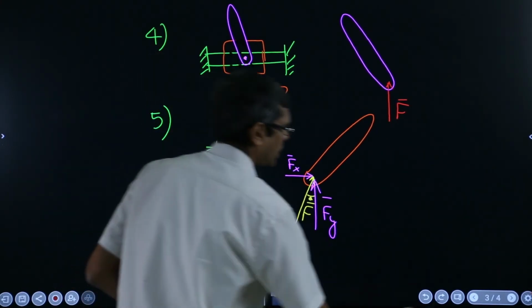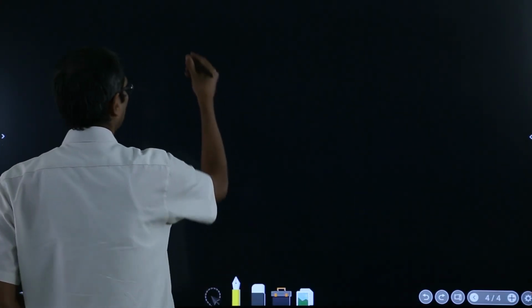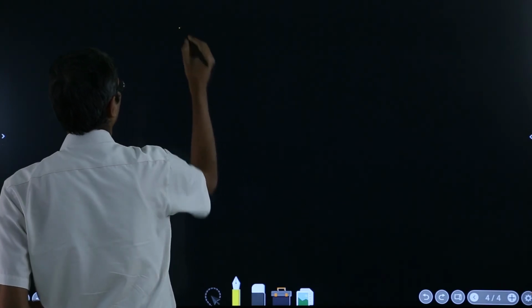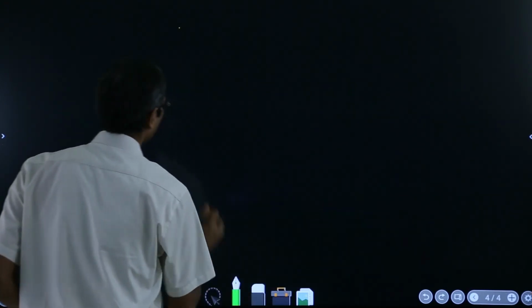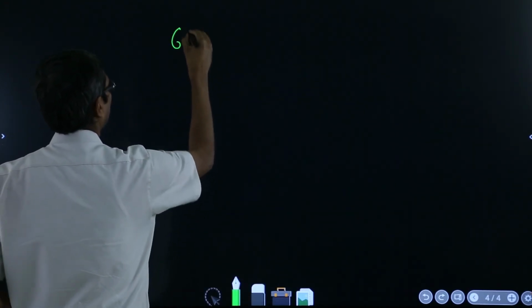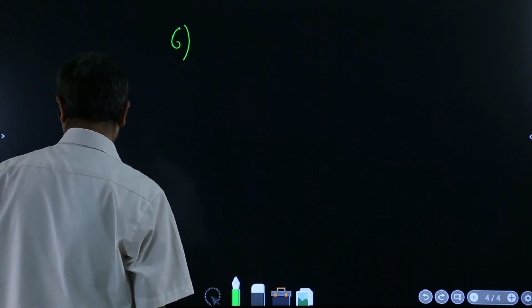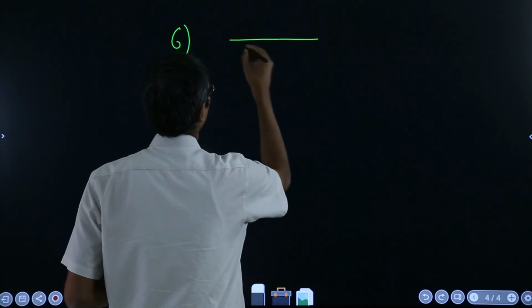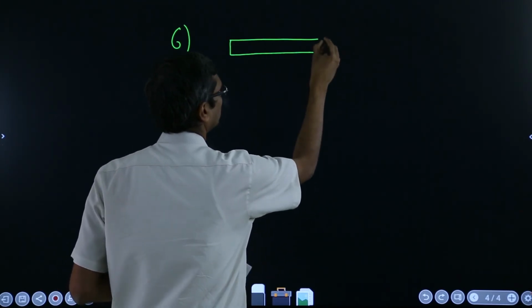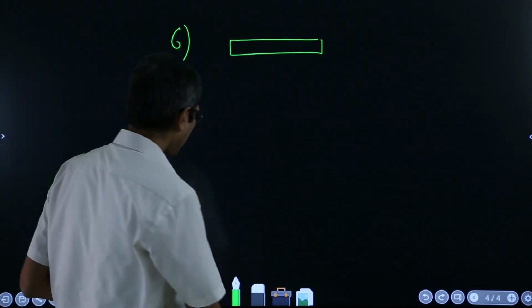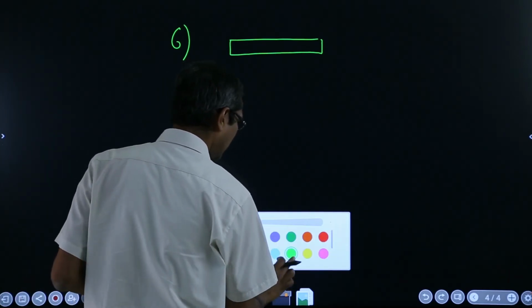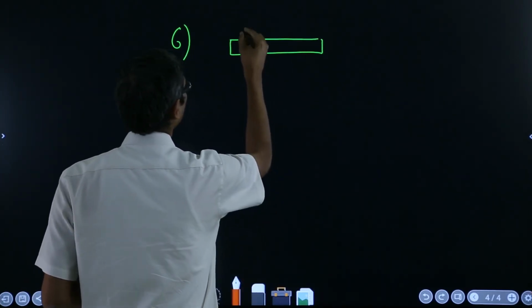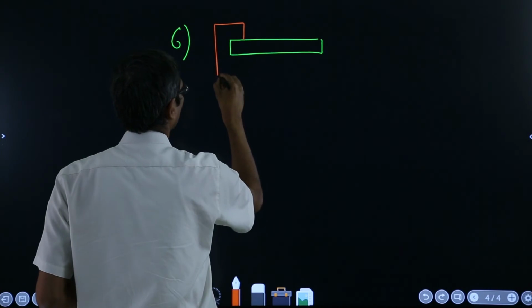Then comes another important joint, which is called, I think, the sixth point. It is the fixed support. That means suppose you have a wall or something like that, and it's completely inbuilt into something like this.